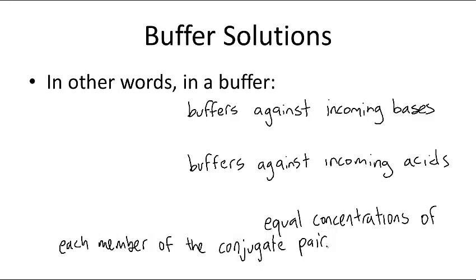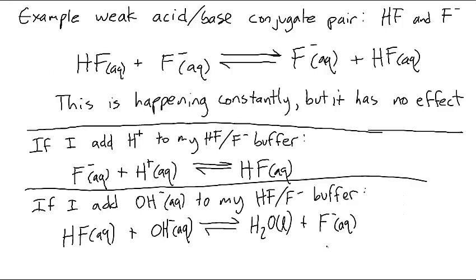So good question. The question is if you're making a buffer, and let's say you make a buffer with HF and F minus, couldn't there be possible side reactions where the F minus reacts with something? And the answer is definitely. So when you're choosing to make your buffer solution, you try and pick a conjugate pair where neither member is actually going to disturb the other things in the solution.